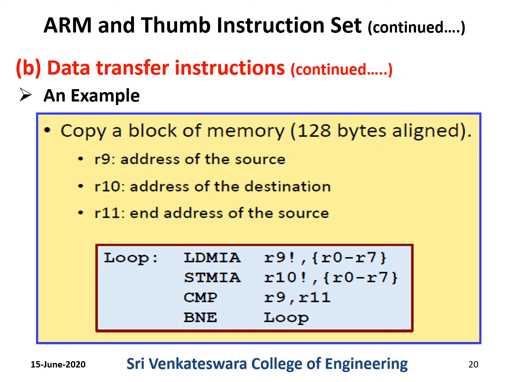Whatever memory location R9 is pointing to, from that memory location data will be loaded into R0 first, then R9 gets incremented and R1 is loaded with the second data, and it continues till R7 is loaded.